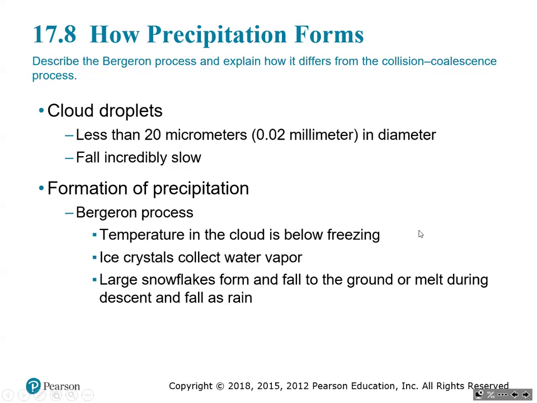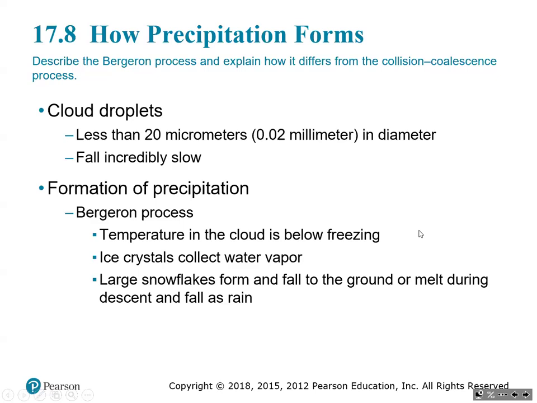And there's two main methods. There's the Bergeron process, where when the temperature in the cloud is below freezing and water droplets mix with ice crystals, it turns out ice crystals attract water vapor more strongly than water droplets do at these temperatures below freezing.